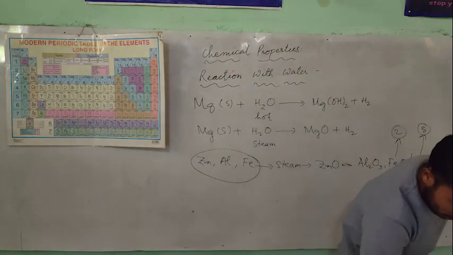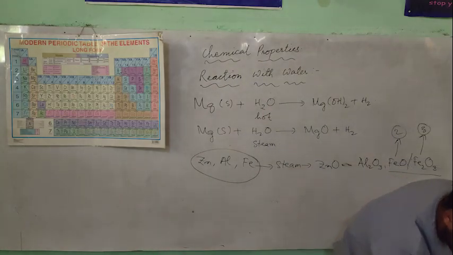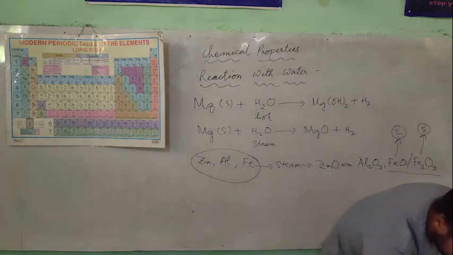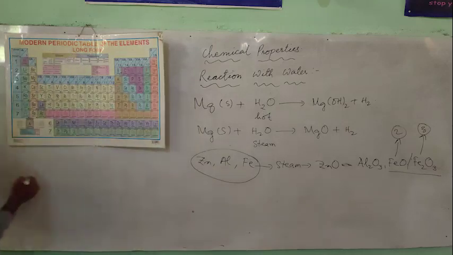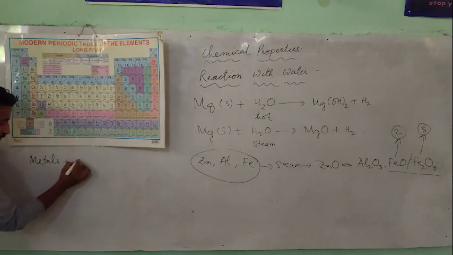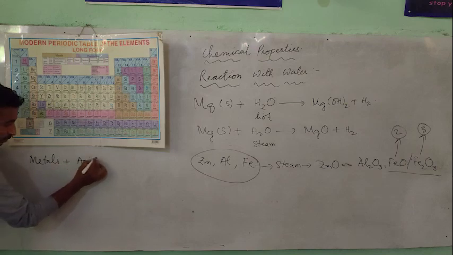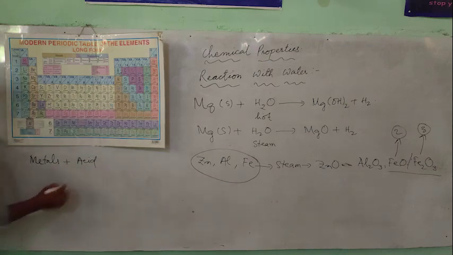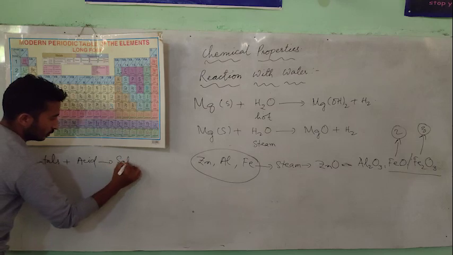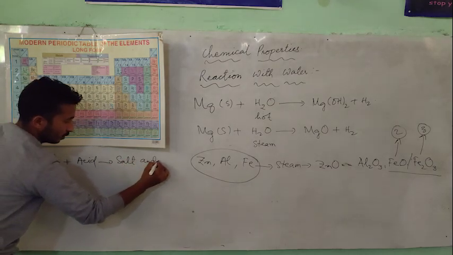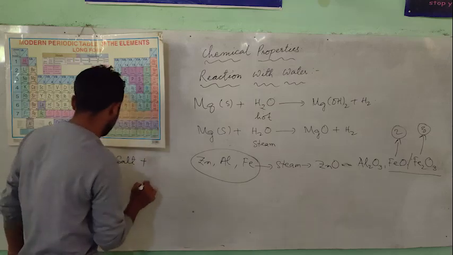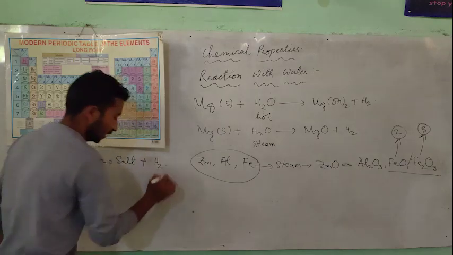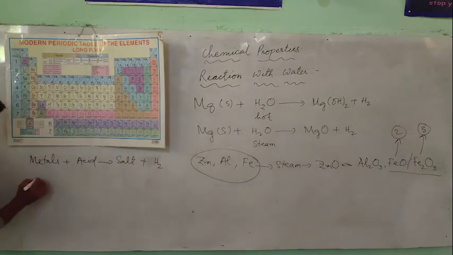Now reaction with dilute acid. Metals react with dilute acid to form salt and hydrogen gas. Let's take an example.